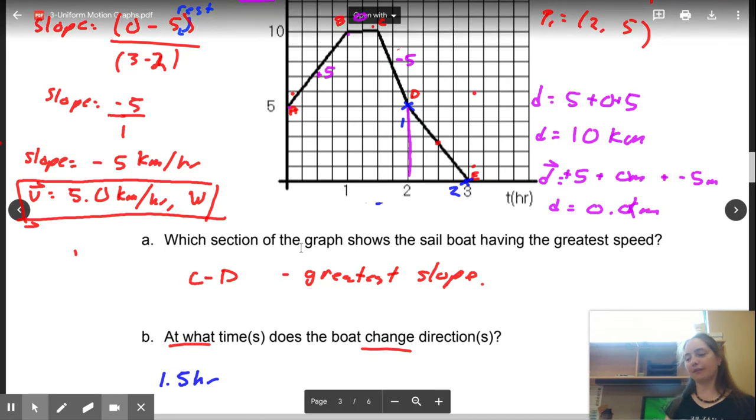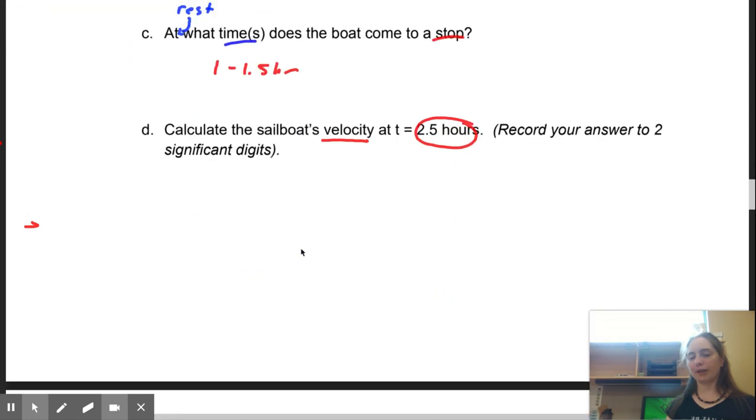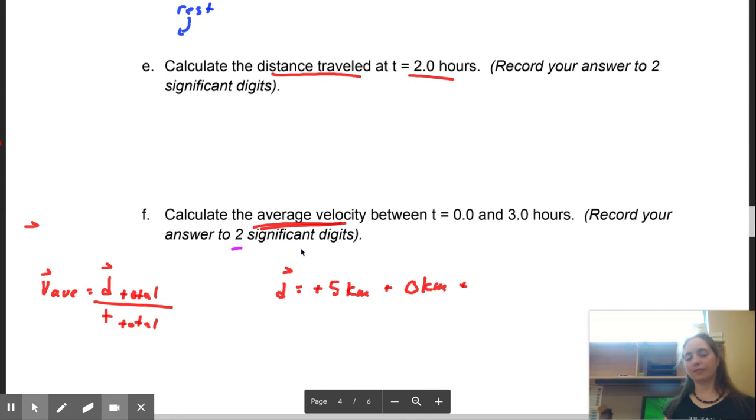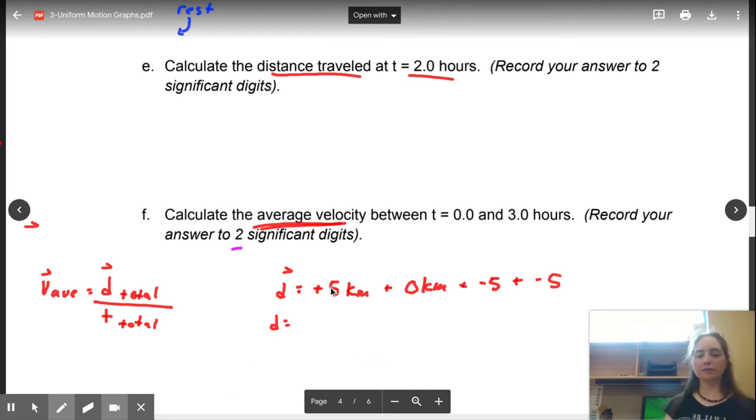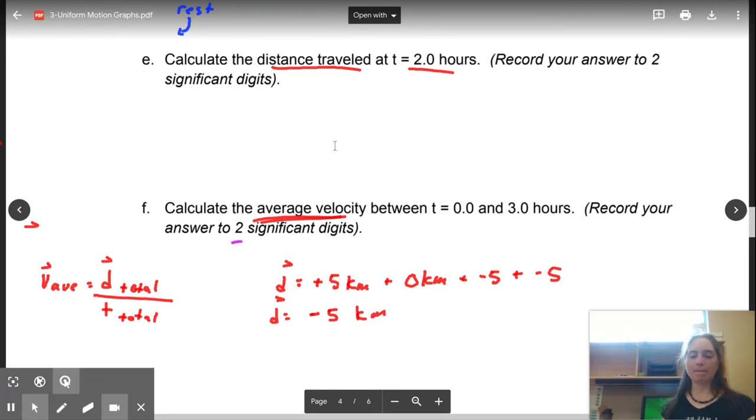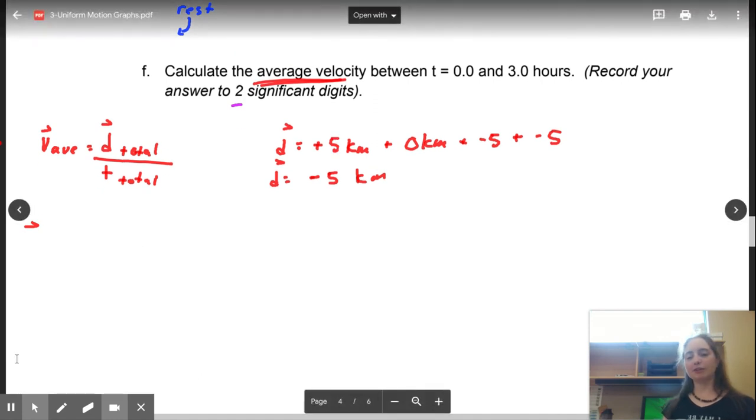So that's another negative 5. So plus negative 5 plus negative 5. Well, 5 plus 0 is 5, minus 5 is 0, minus 5 is negative 5. So the displacement here is negative 5 kilometers. So our total displacement is negative 5 kilometers. We can put that in there.